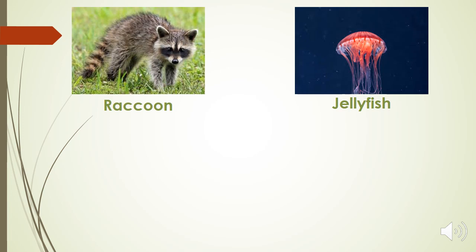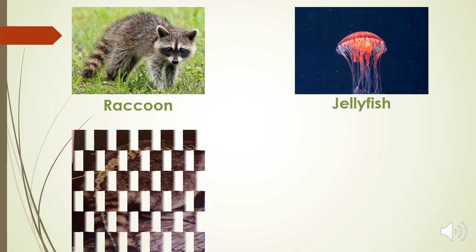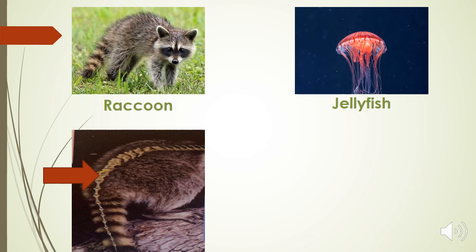But there is something different. You see here, the raccoon has a backbone. This is a backbone. You can touch your backbone in the center of your back. Everybody, put your hands on your backbone in your back.